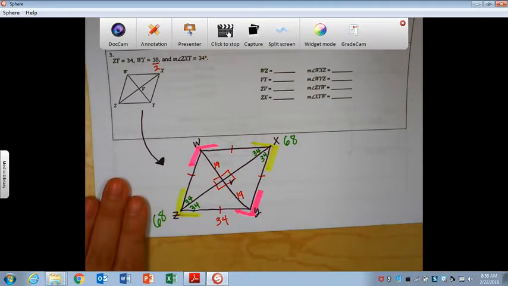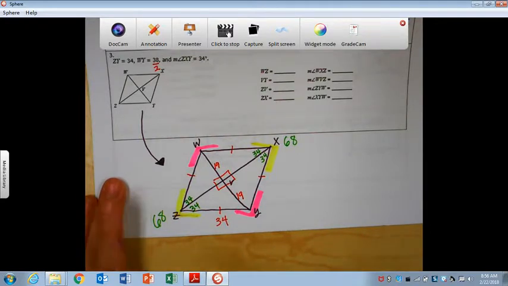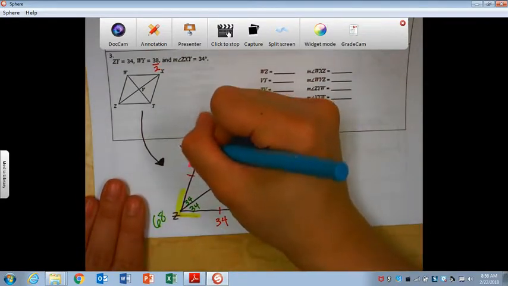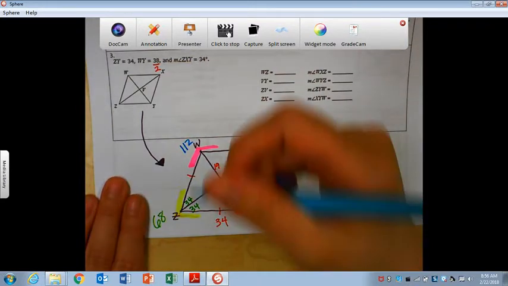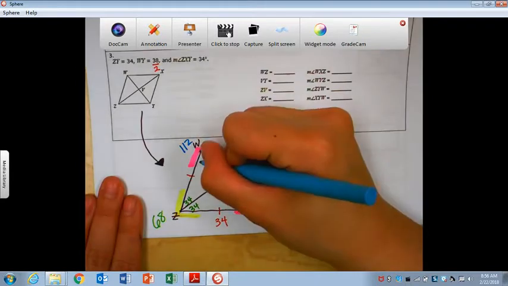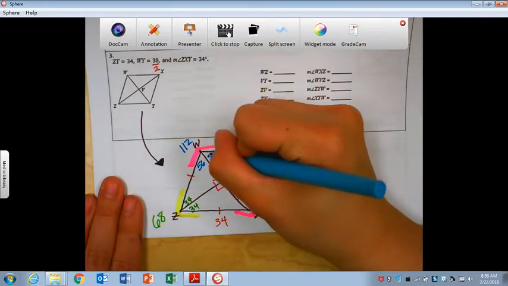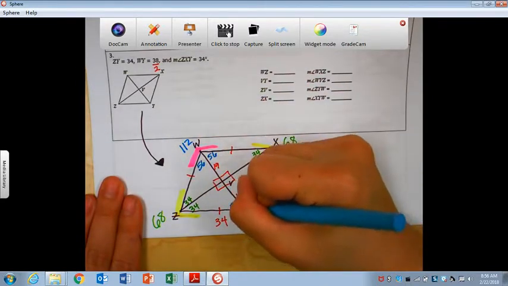What's going to happen is that right here, this has to be 112 because these are consecutive. And what are you going to do with the 112? You're going to split that into 56 and 56.